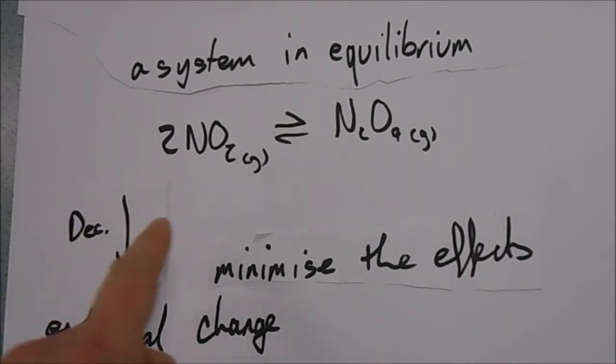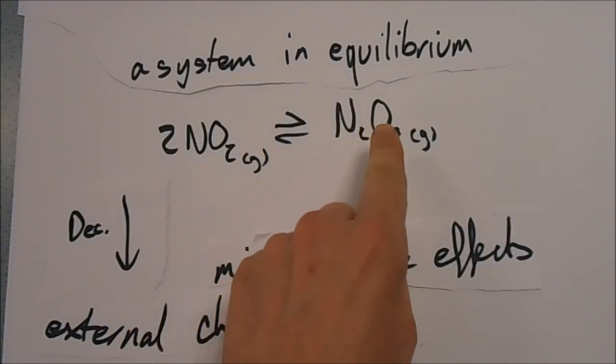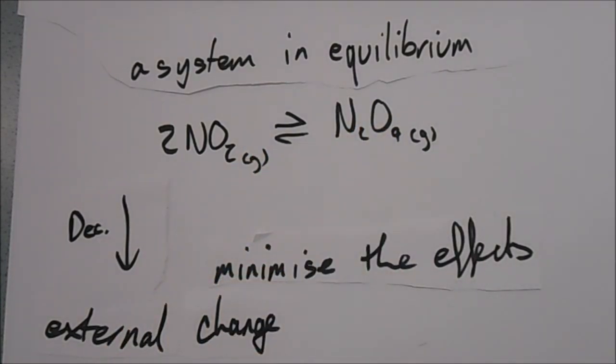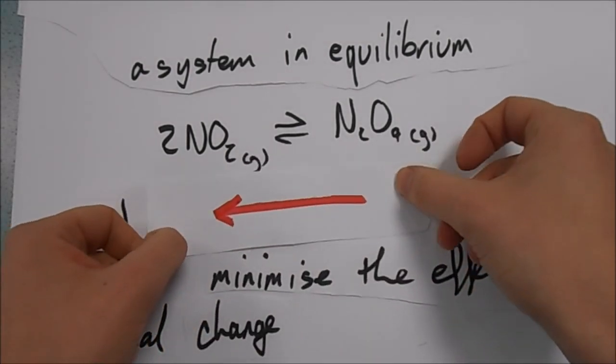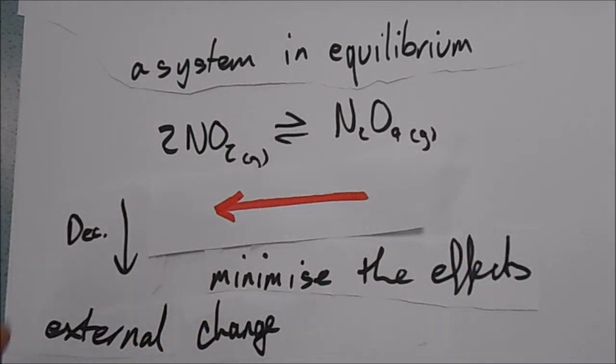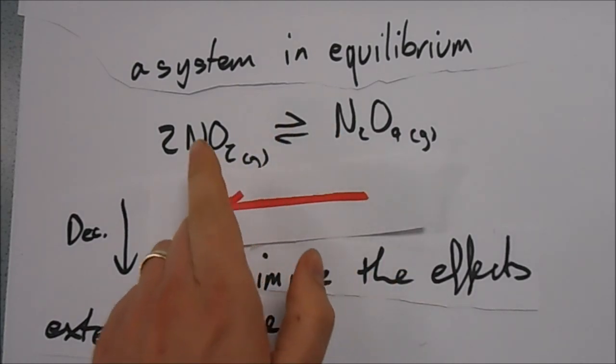We want higher pressure. To get higher pressure, we're going to go from having one molecule in a set volume to two molecules in a set volume, and that will increase the pressure. So we're opposing the decrease in pressure by increasing the pressure by creating more molecules.